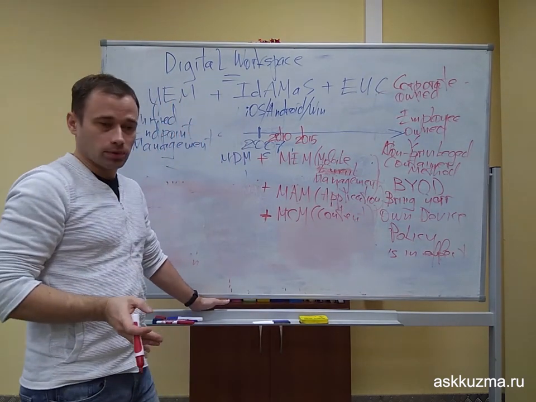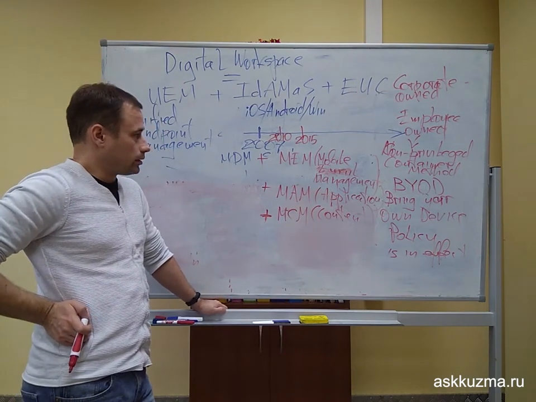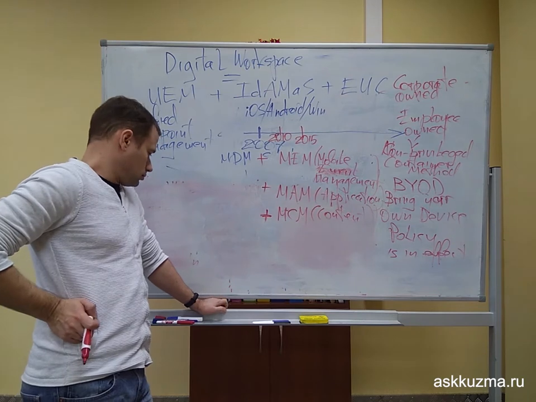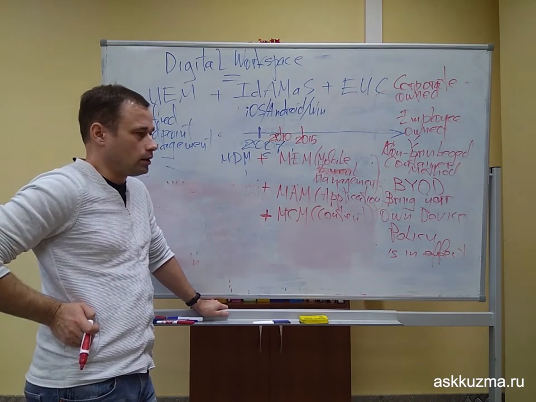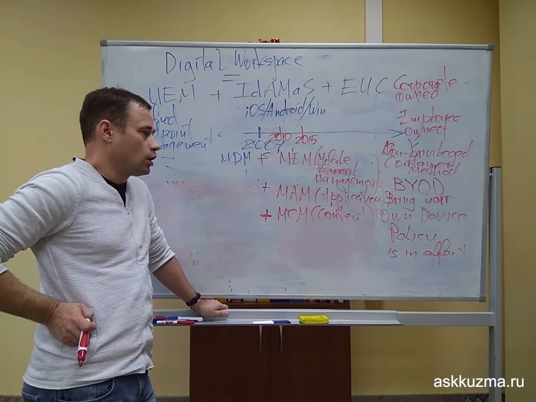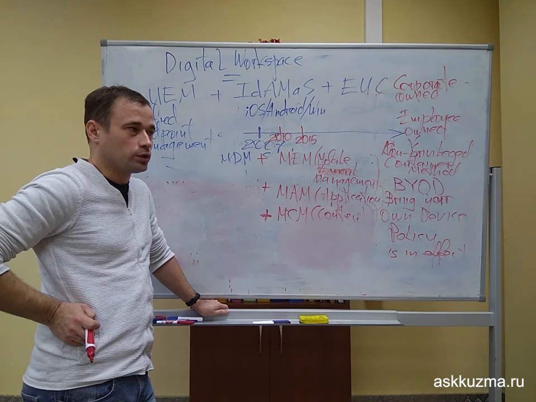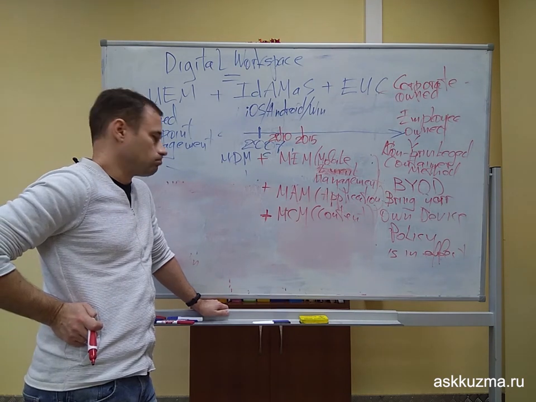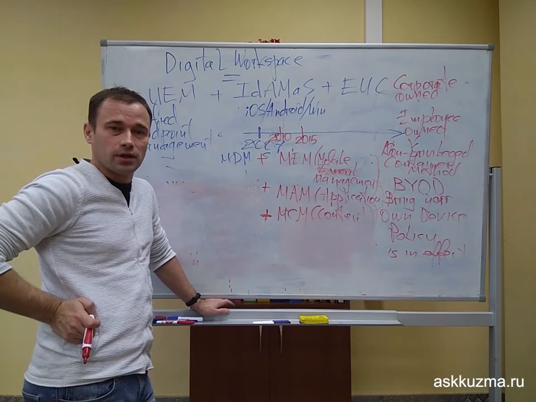Again, the idea is simple. For our employees to perform their job duties, they usually need to access certain corporate content. When I use this term, content, think about office applications, for example, or media files, right?